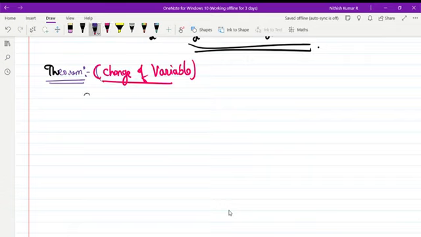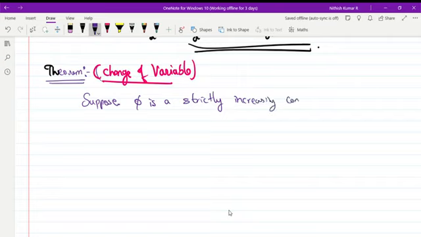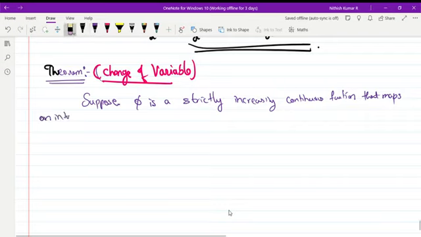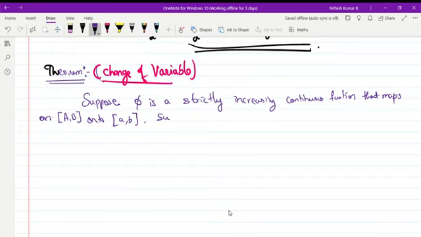So it says, suppose phi is a strictly increasing continuous function that maps a closed interval capital A comma B onto the closed interval small a comma b.